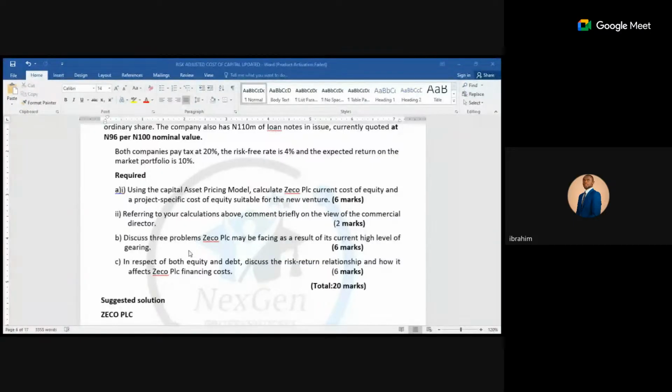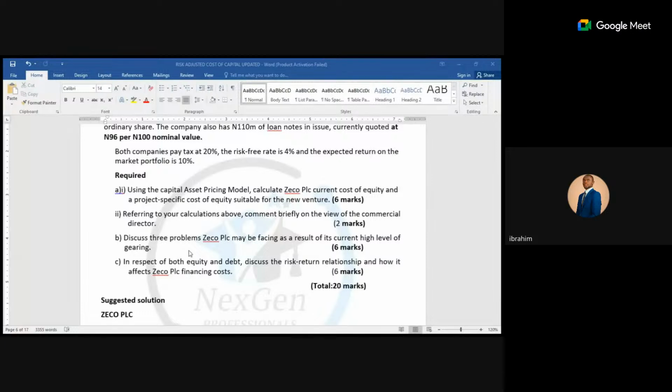Because Zeco has a high level of gearing, sourcing equity may be more expensive, since the high level of gearing will lead to an increase in the cost of raising finance under equity.